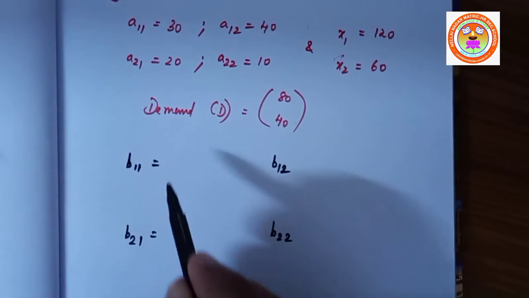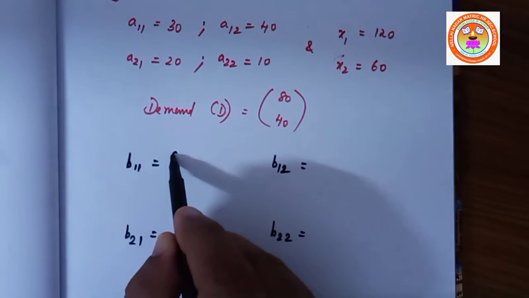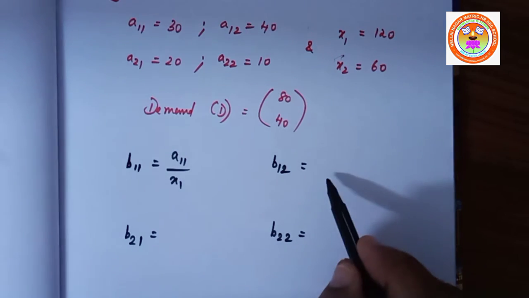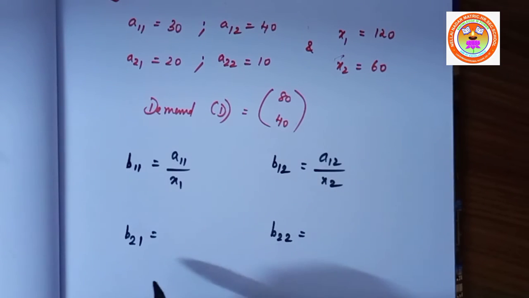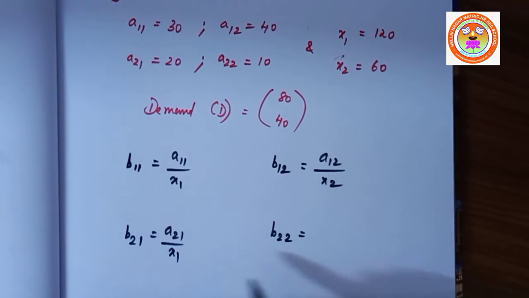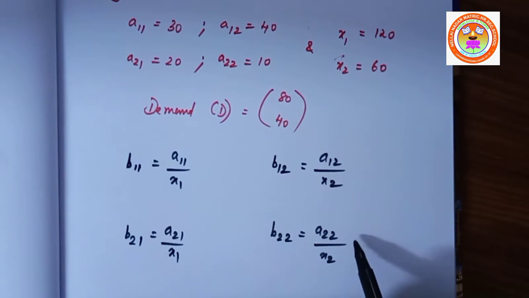B11 is equal to the formula A11 divided by X1, and B12 is A12 divided by X2. B21 is A21 divided by X1, B22 is equal to A22 divided by X2.